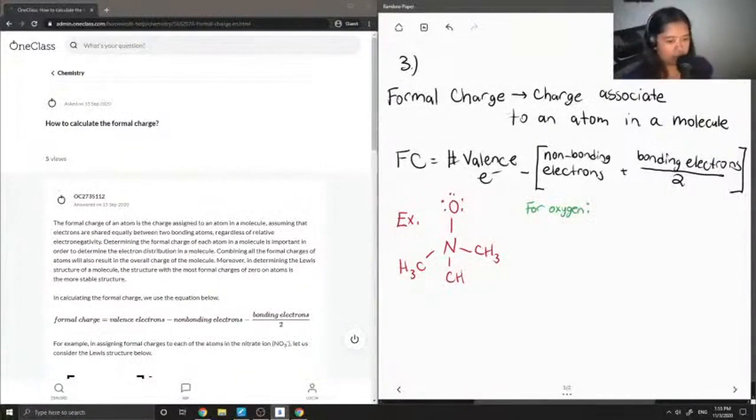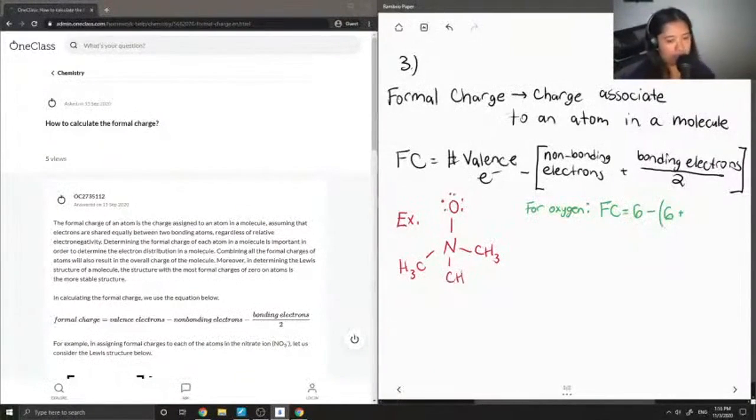For oxygen, its formal charge is equal to the number of valence electrons in an oxygen atom. So for oxygen, that would be 6, minus the number of non-bonding electrons. So let's look at our oxygen atom right here, and you'll see that there are 1, 2, 3, 4, 5, 6 non-bonding electrons, or valence electrons, plus the number of bonding electrons divided by 2.